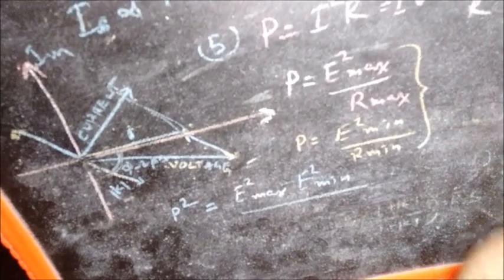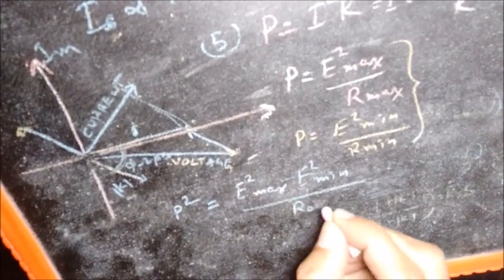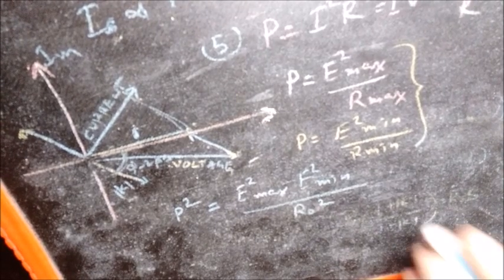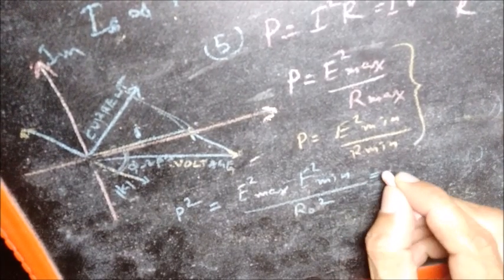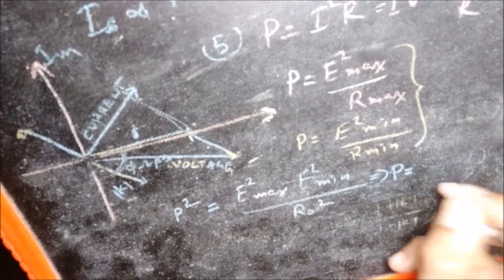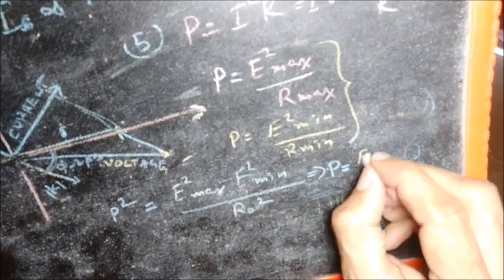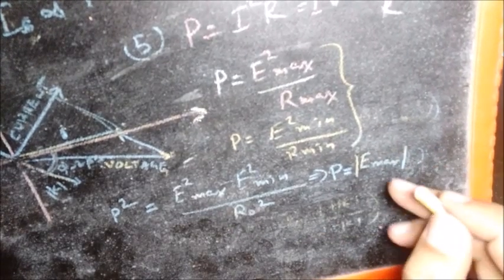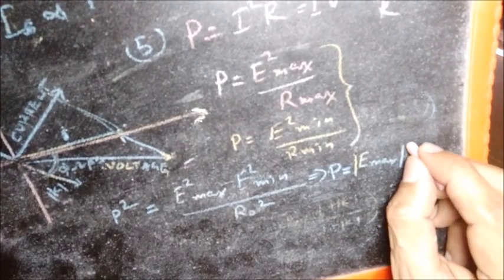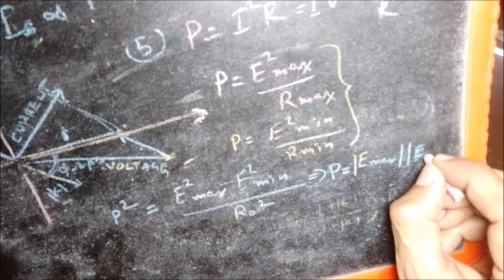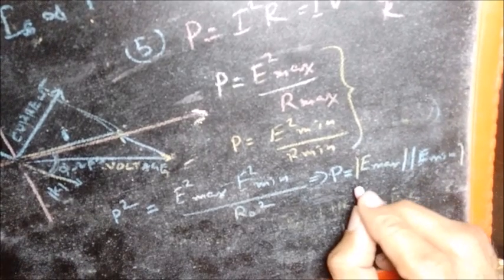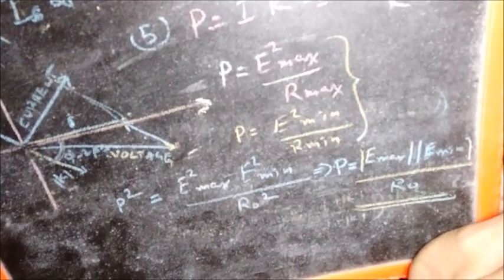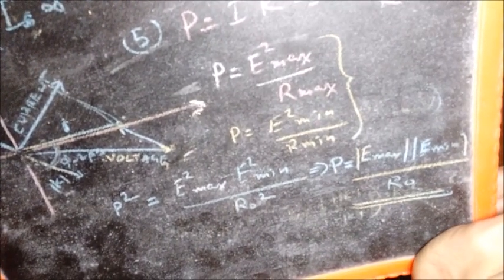R max into R min is R naught square, because R max is R naught into S and R min is R naught by S. Which means that power is equal to magnitude Emax, because you take the positive square root, multiplied by magnitude Emin, divided by R naught. This is the power on a transmission line.